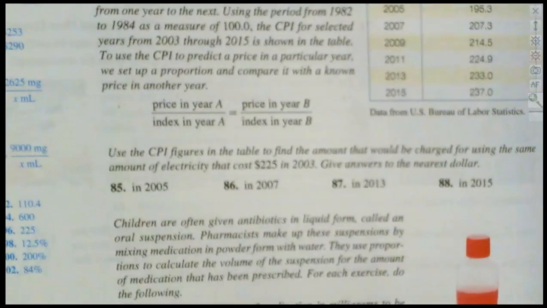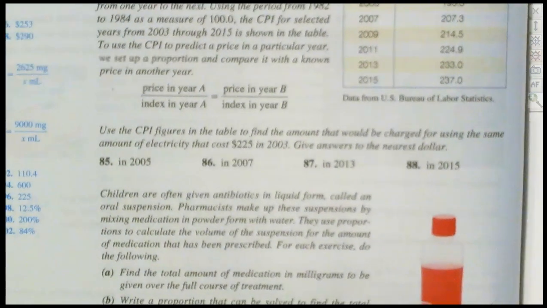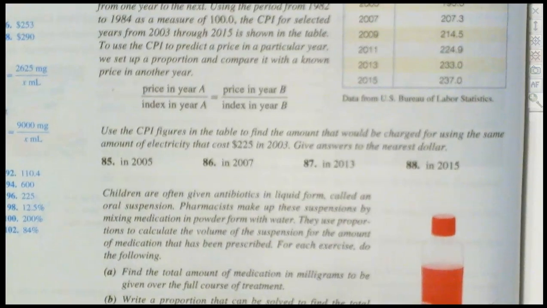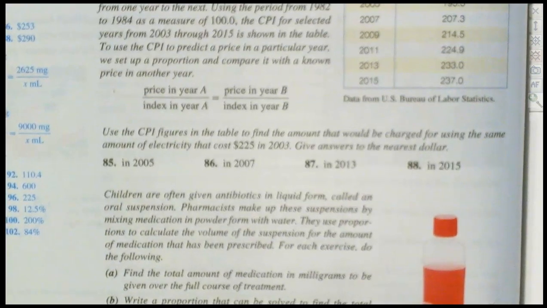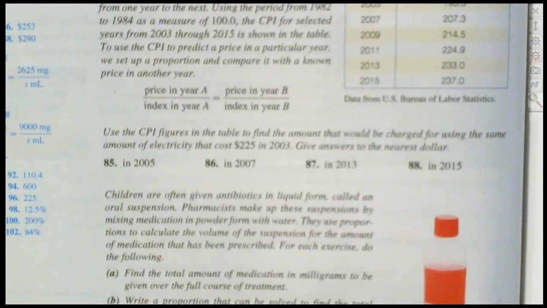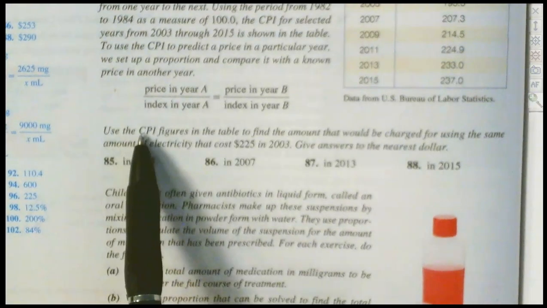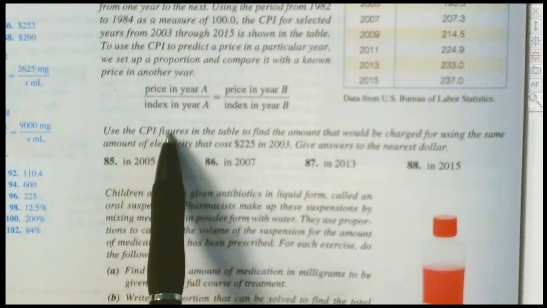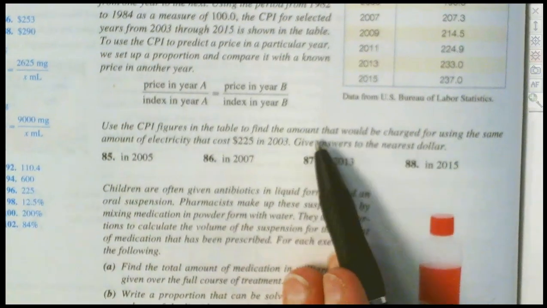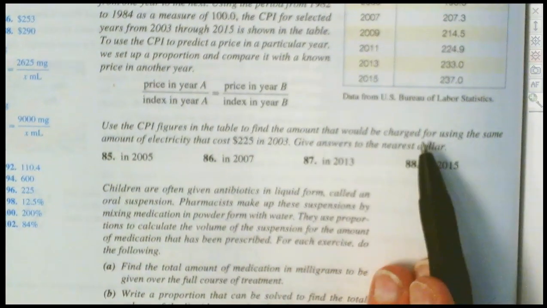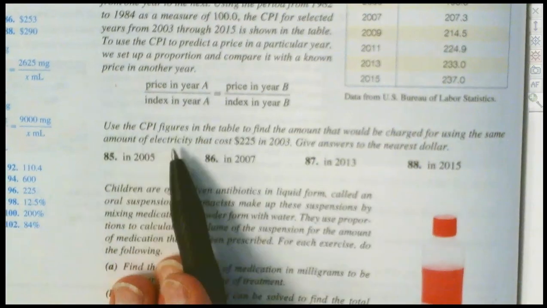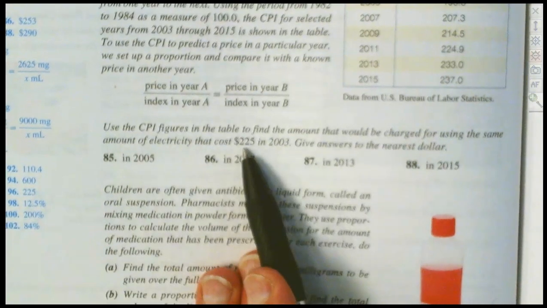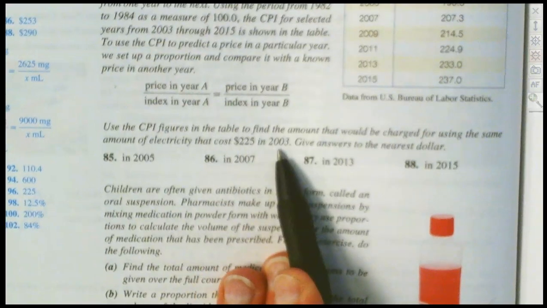And what we're going to do is convert a price from one year to another. We're going to use the consumer price index figures in the table to find the amount that would be charged for using the same amount of electricity that cost $225 in 2003.